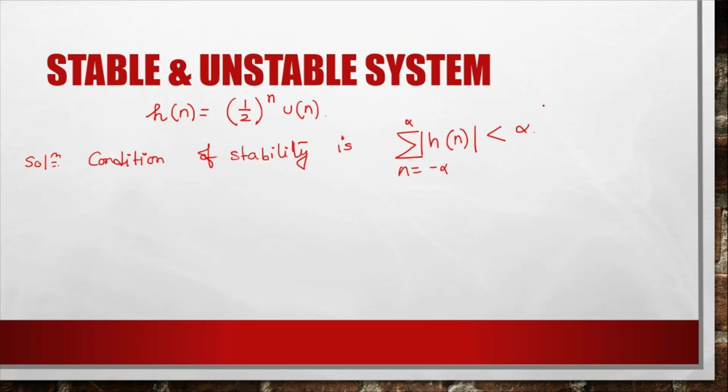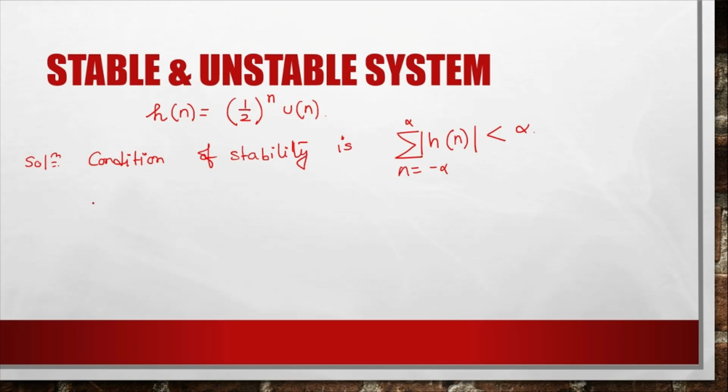So, this is the stability condition. So, what we have to do? We have to take this h[n] and form this series. Then we will get what the answer comes out to be.